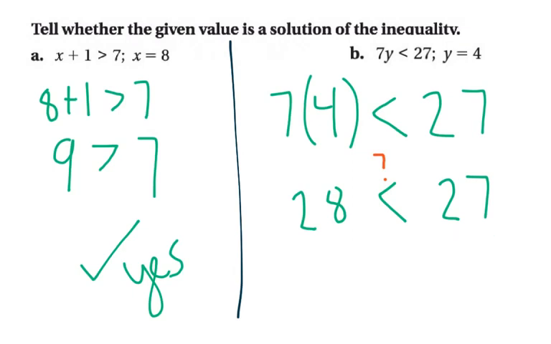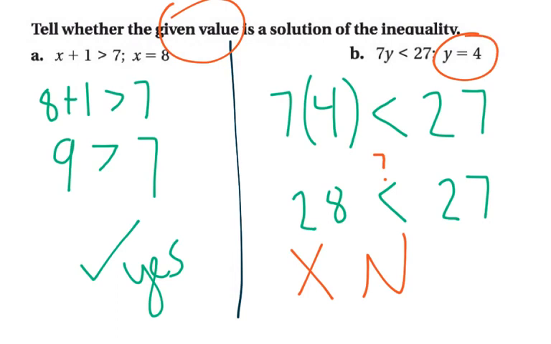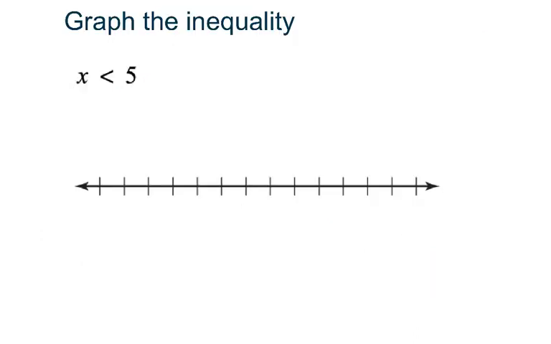No, it is not true. So this would be no. The given value was 4. That does not work as a solution for this inequality. So you would write no, or whatever selection it gives you that you can say no, that doesn't work.